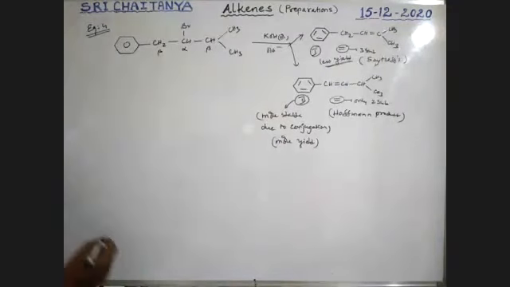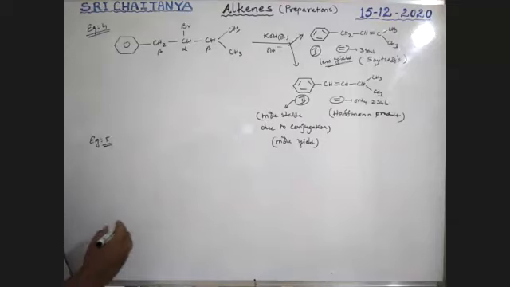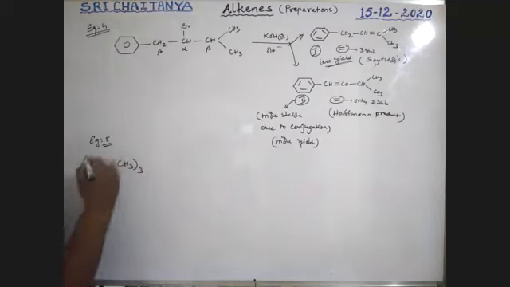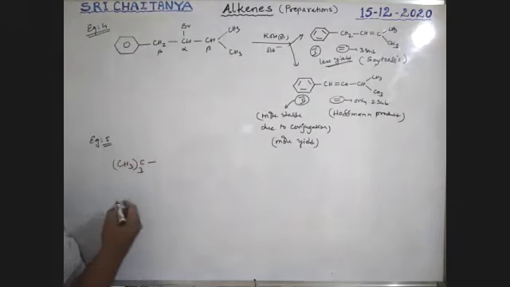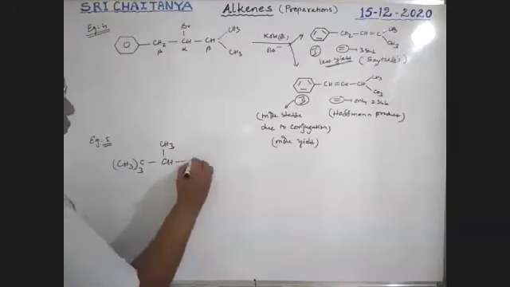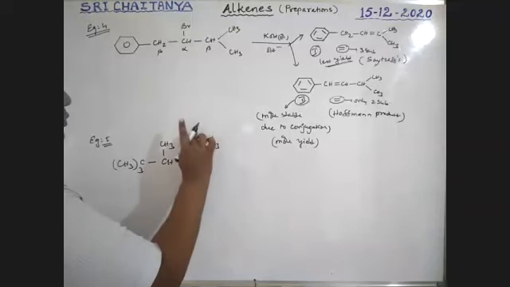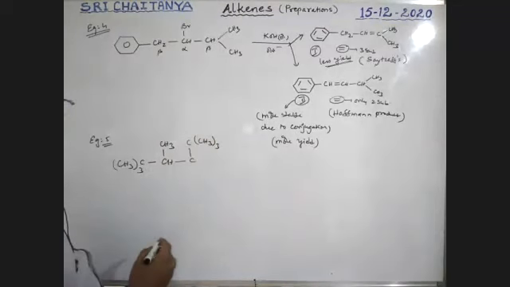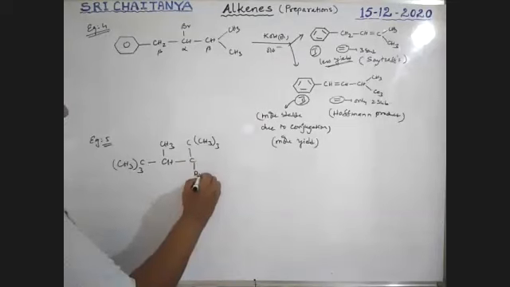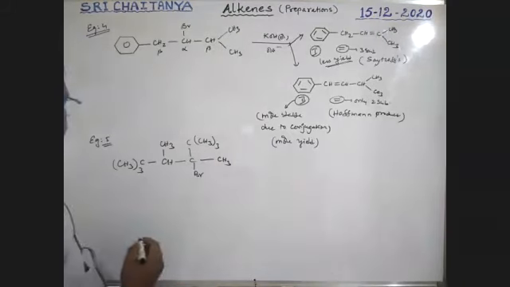Next, one more example, example 5. It is CH3 thrice C, CH, CH3, C, C, CH3 thrice, with Br, Br and CH3, boys.